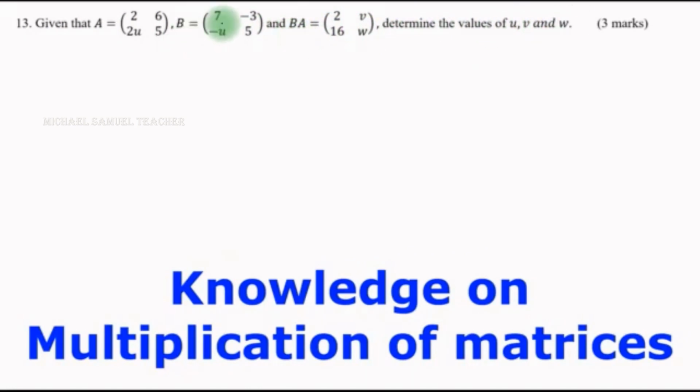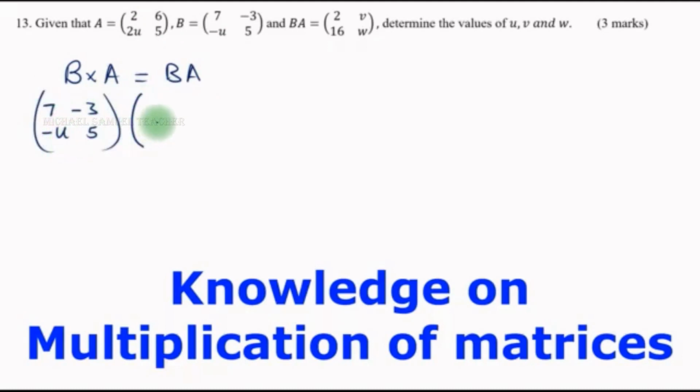So, for us to get BA, simply B times A. In our case here, B is 7, minus 3, minus u, 5, multiplied by the matrix A, 2, 6, 2u, 5. It will give us BA, and BA is 2, v, 16, w.